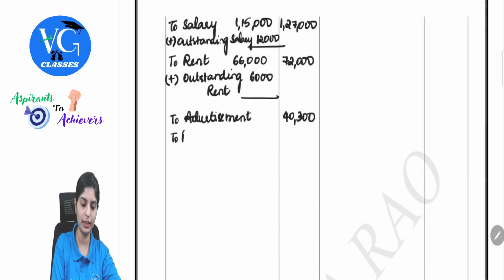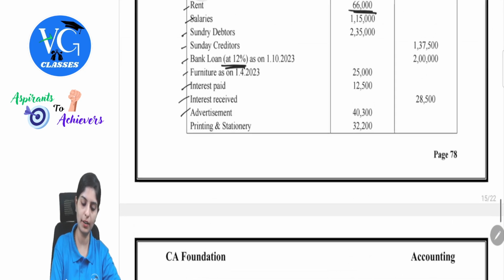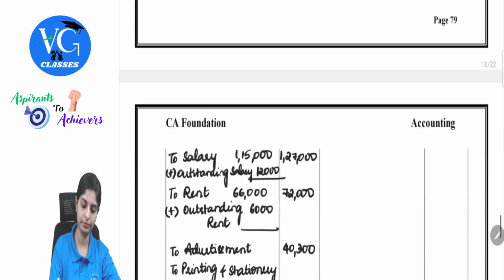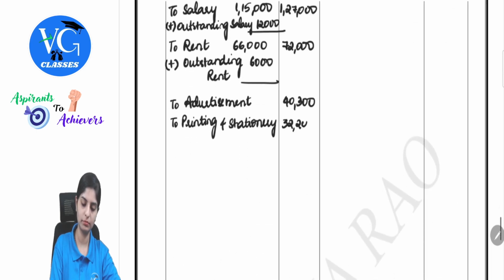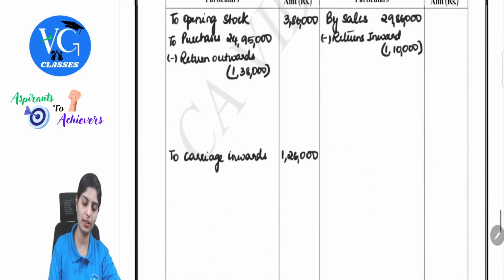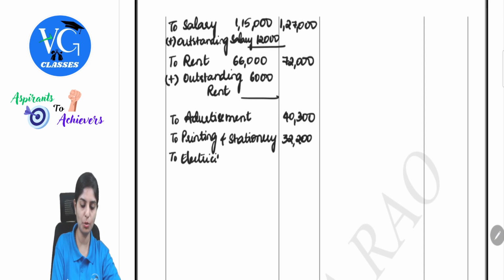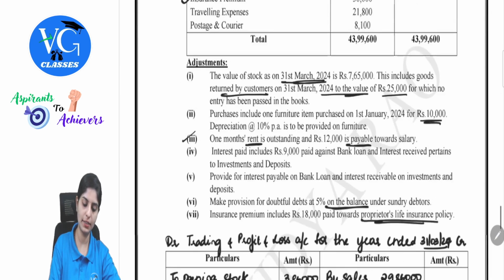The next item was printing and stationery, 32,200. Then we have electricity charges, 57,700. If they are mentioning factory, then it will become a direct expense. Since nothing is mentioned, we will normally assume it as an indirect expense. To electricity charges 57,700.